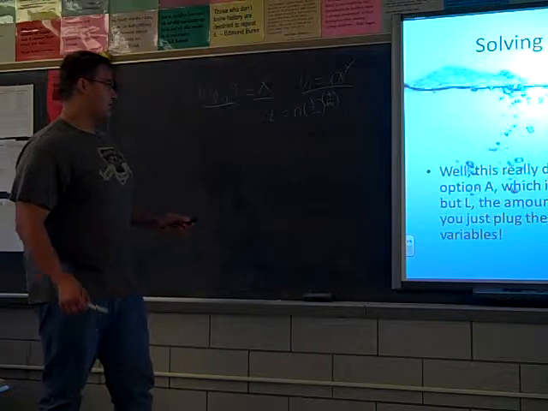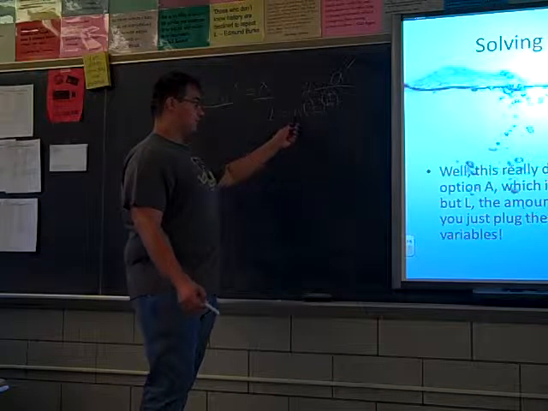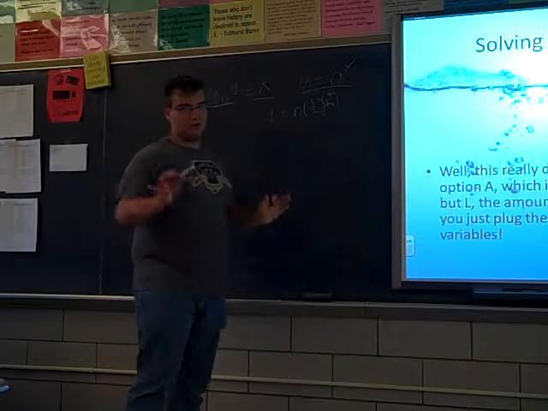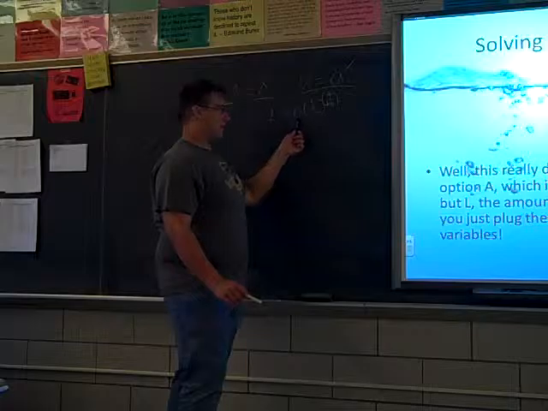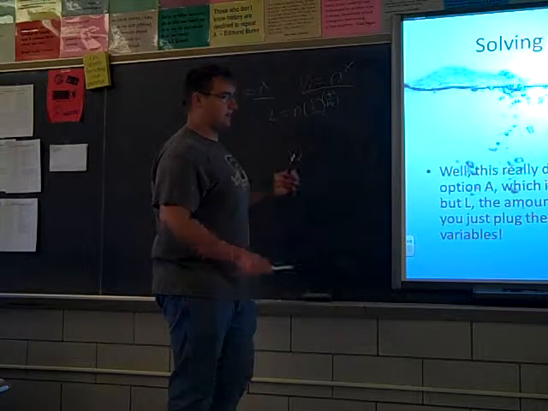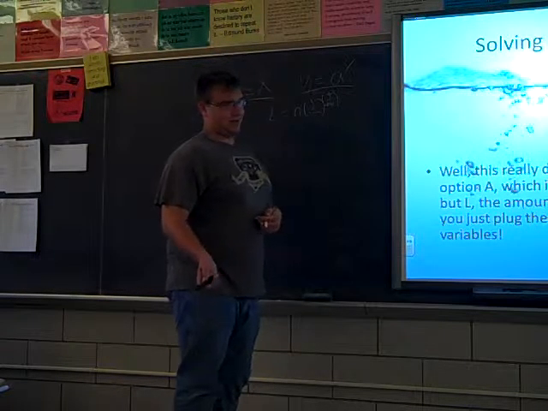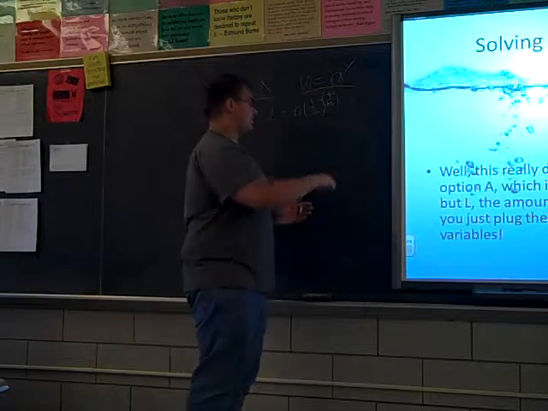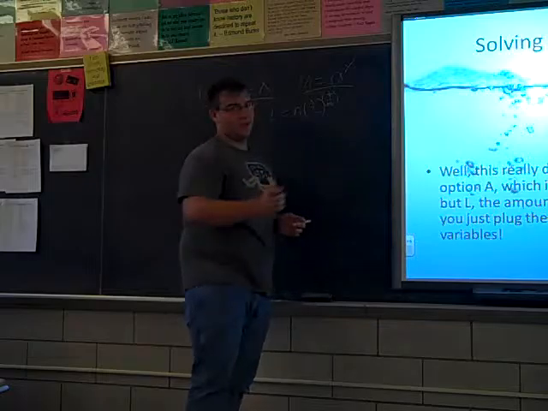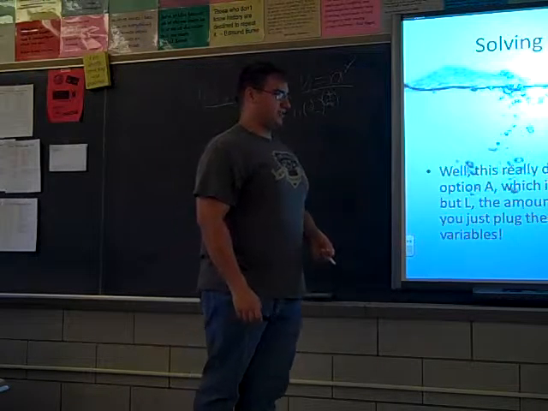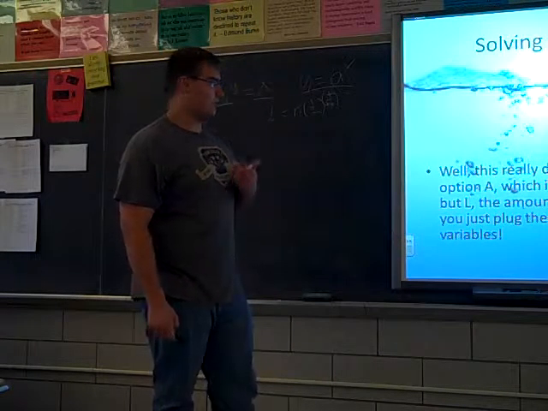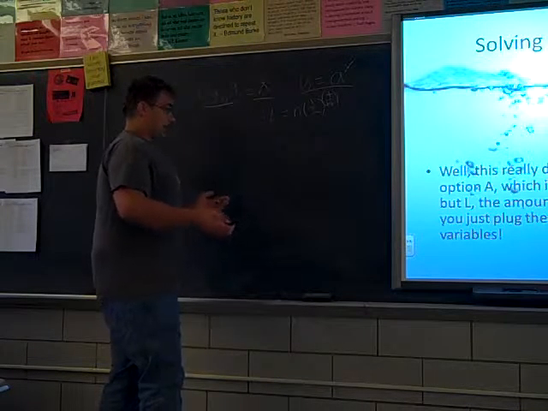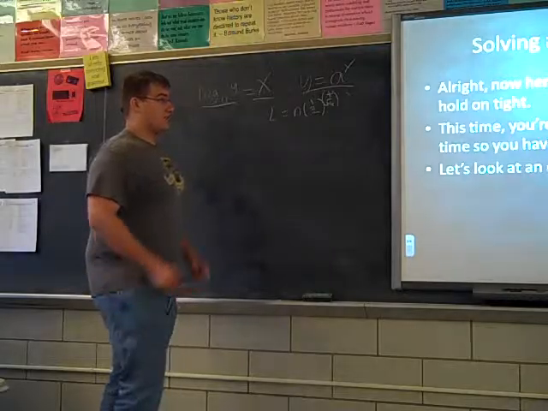For this one, all you have to do is plug the numbers into the respective spots: the original starting amount, or the weight of the mass you're trying to figure out, the time it took to get there, and the half-life of the substance, which I'm not really sure how they figure that out, because nobody's been alive 30,000 years to figure out carbon. But that's not mine to judge.